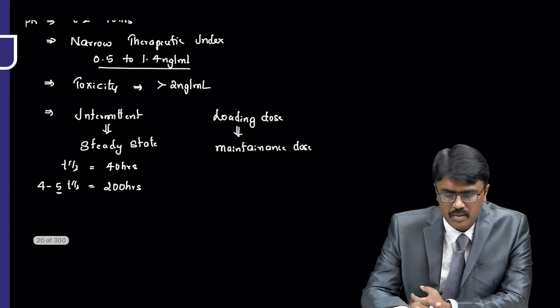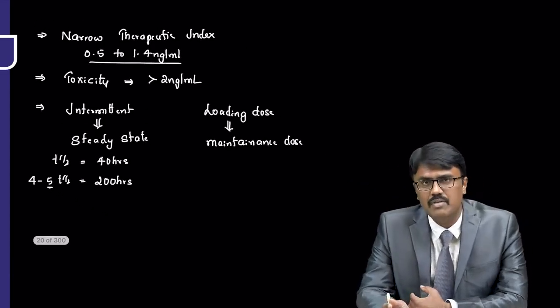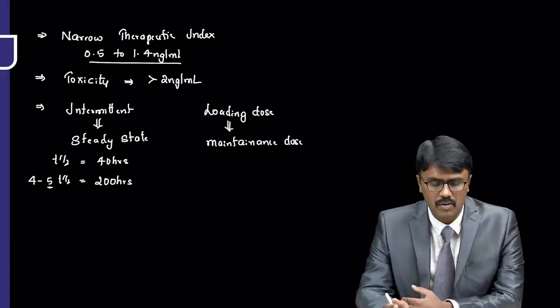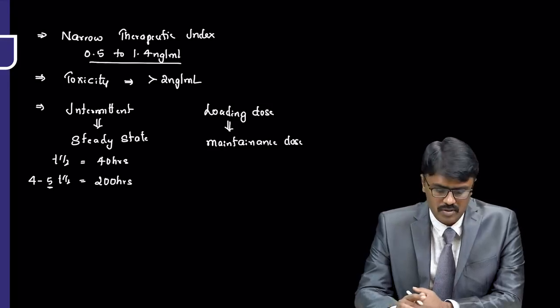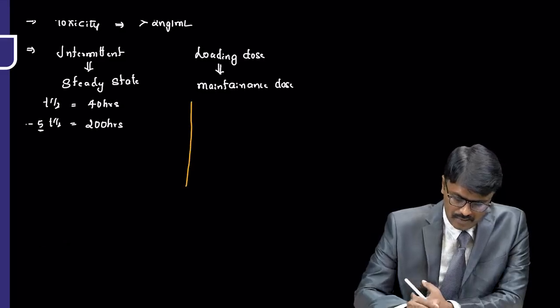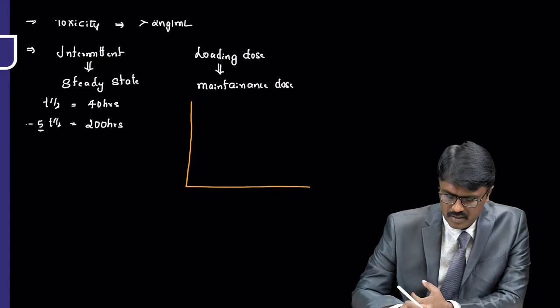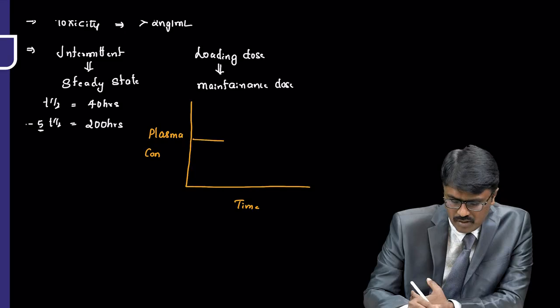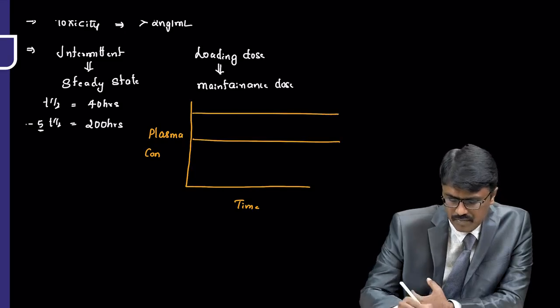For example, if I am using digoxin in atrial fibrillation, I cannot wait for 8 days for the drug to work. I have to give a loading dose followed by a maintenance dose. Now suppose this is the graph, this is the time, and this is the plasma concentration of the drug, and you have to achieve the drug level between these two.